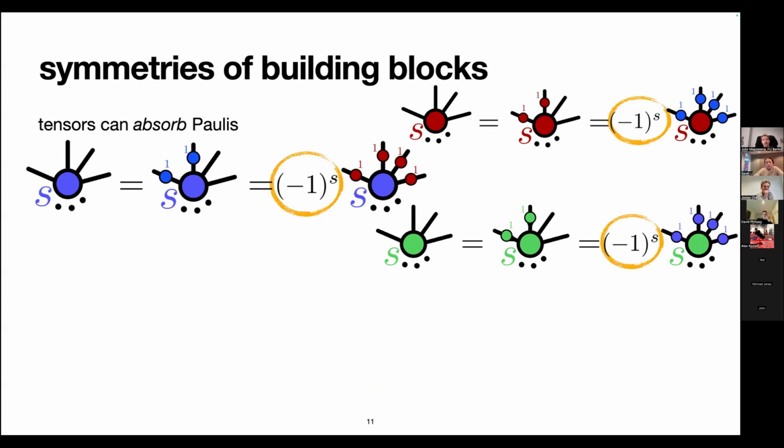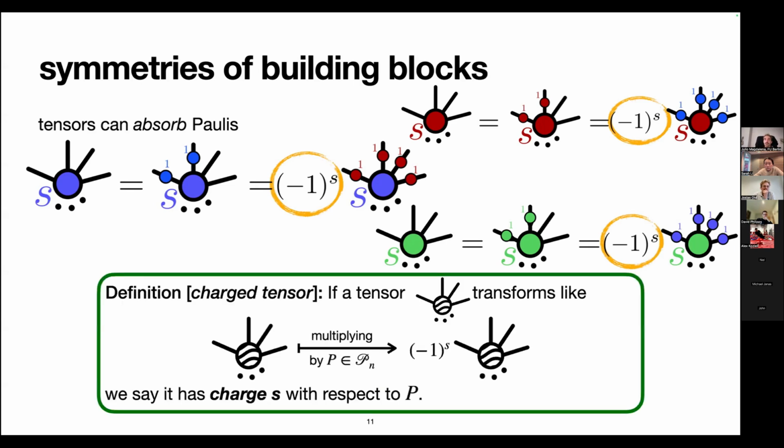And also important to keep track, okay, when I push a Pauli operator through, do I get a -1 or don't I? Hence, we give it a name.